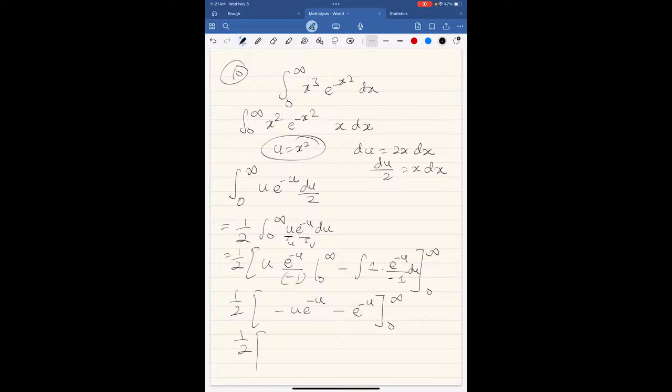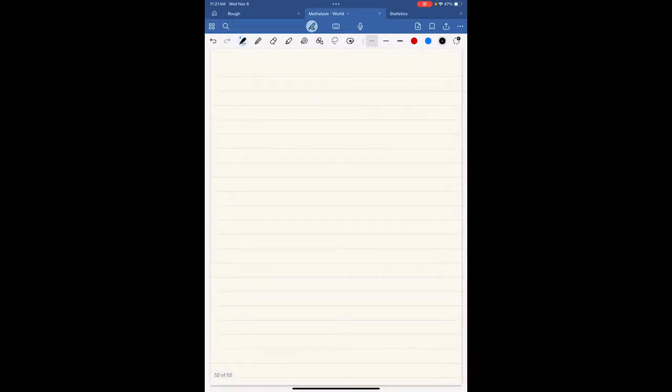So 1 by 2. Now there's an indeterminate thing over here. If I evaluate this at infinity, u will go to infinity, but e to the power minus u will go to 0, right? So there's infinity times 0. If there are indeterminate terms like this, we need to use limits. So let's find the limit as u goes to infinity of u e to the power minus u.